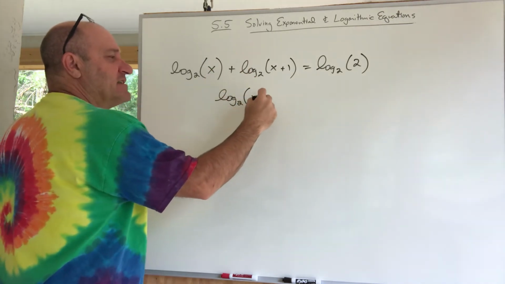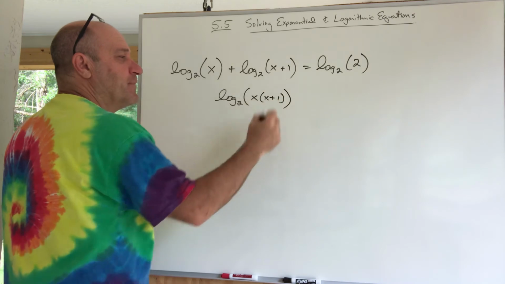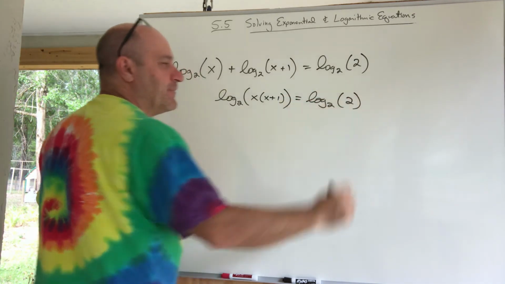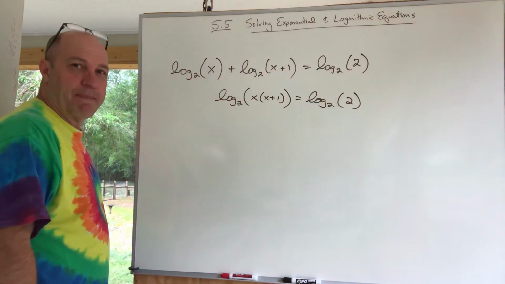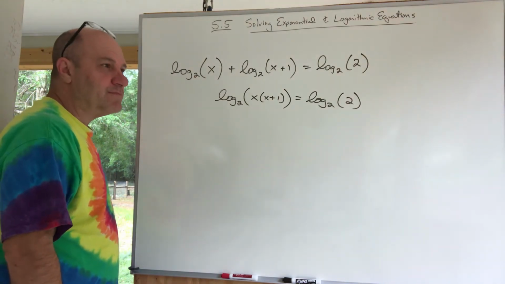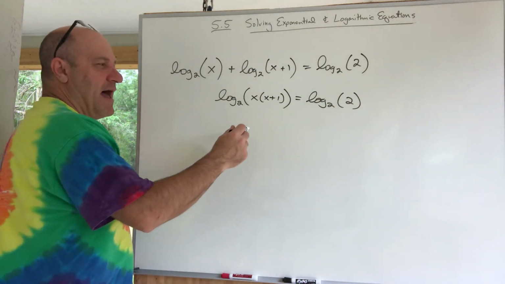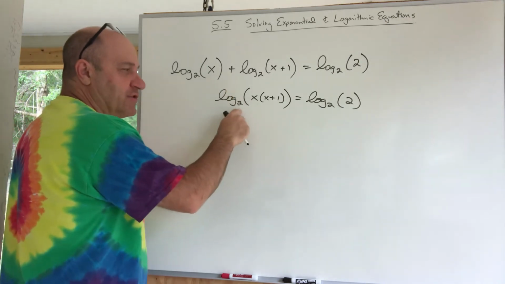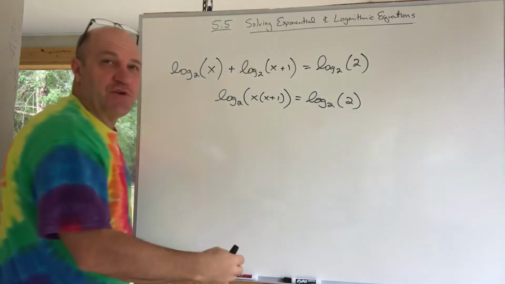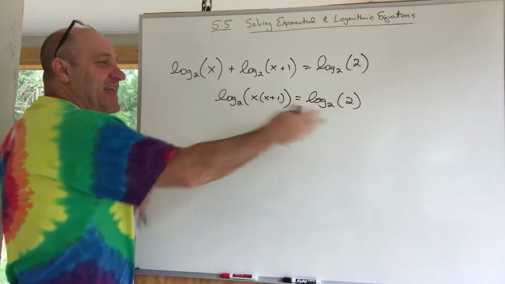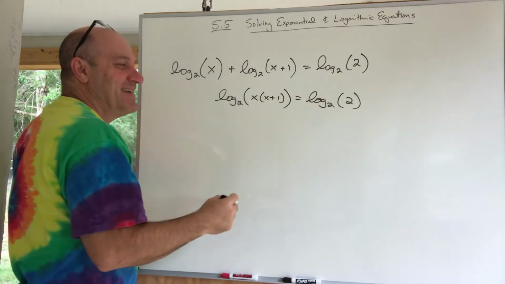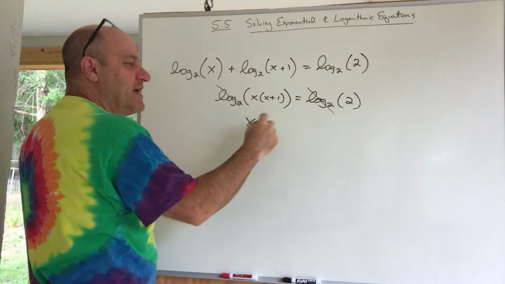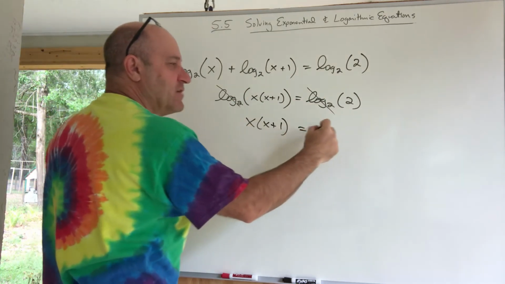So now I have an x times an x plus 1, and it equals this log base 2 over here. So now that it's 1 log base 2 equals this other log base 2, I can just cancel the logs on both sides. So x times x plus 1 has to equal 2.